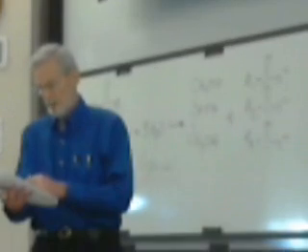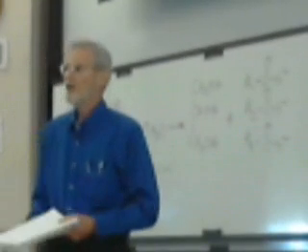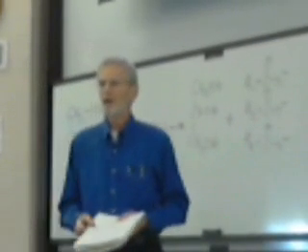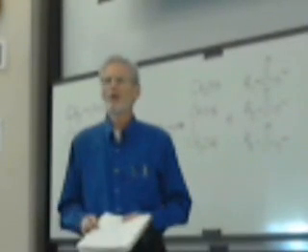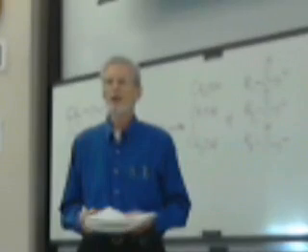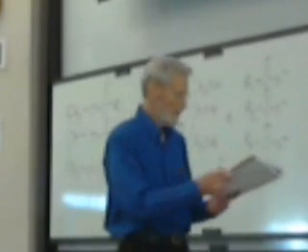Then the next step here is going to be to activate this fatty acid. It's not the bare fatty acid that's metabolized. It is an activated fatty acid. And the activation process looks like this.